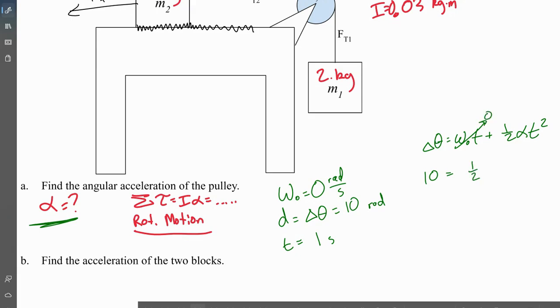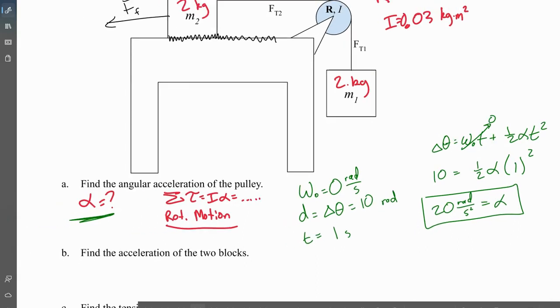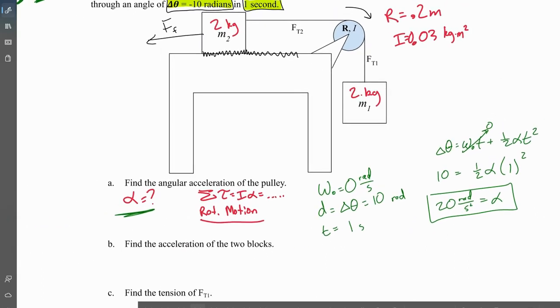So we get 1/2 times alpha times our time, which is 1 squared. Okay, so we can solve this. 20 equals alpha, in radians per second squared. So we get 20 radians per second squared is our alpha there.